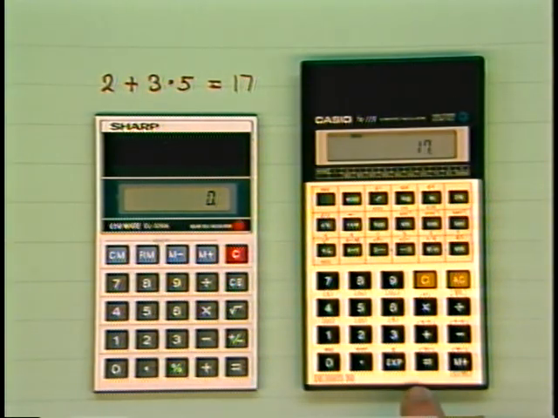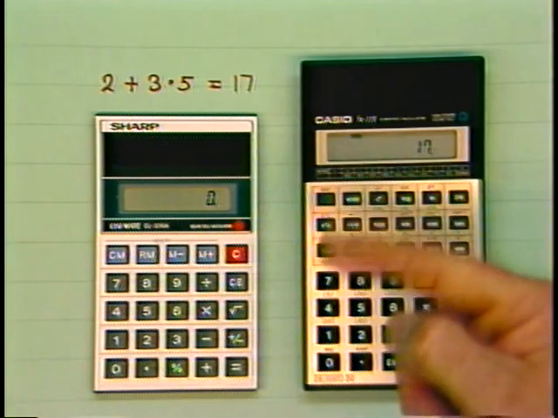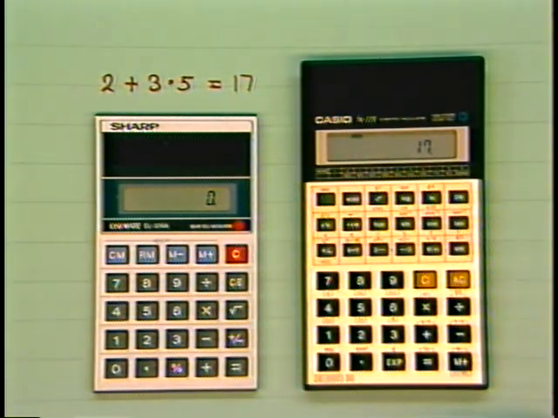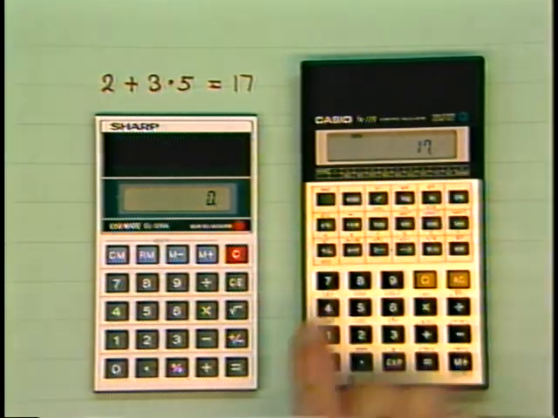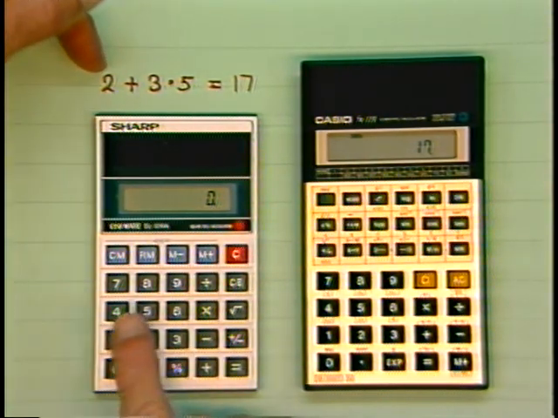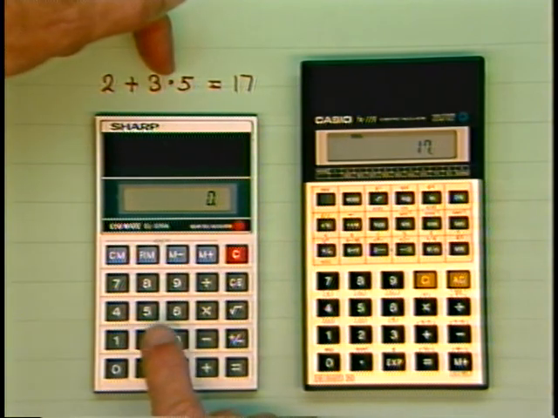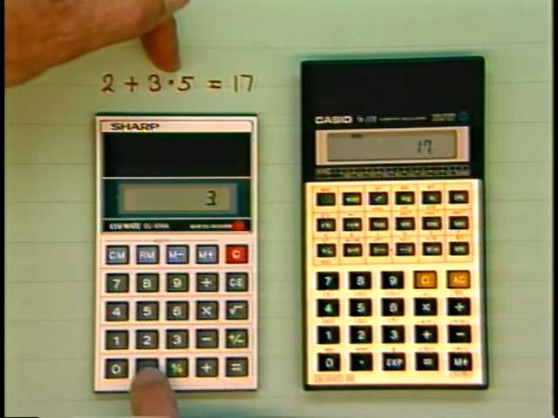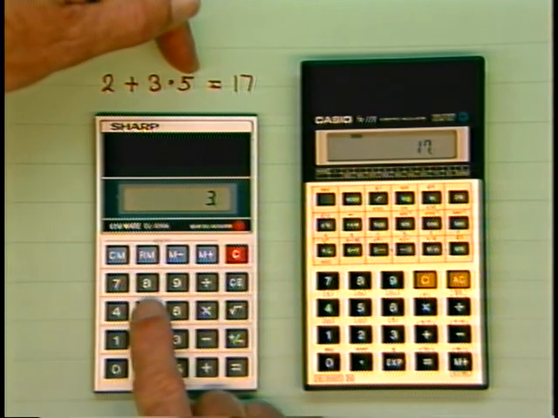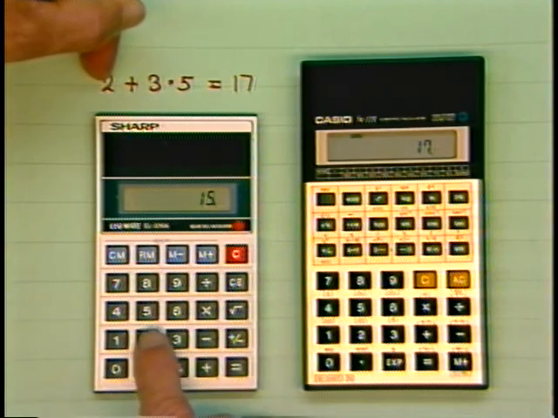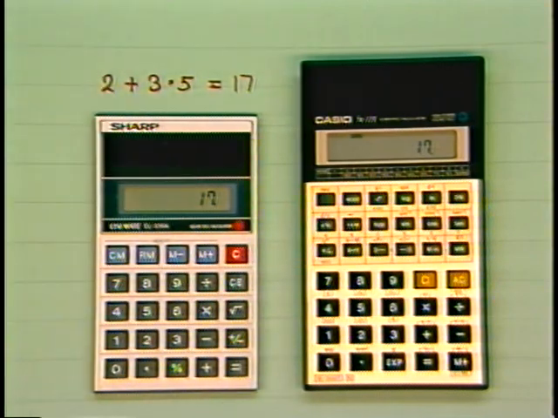Push the equal, it pulls out all the numbers you've keyed in and their operations and does it in the right order. On the other hand, if your calculator does not do that, as this one doesn't, then you must put your problem into it in the order that it must be done logically. So you would have to say 3 times 5, and that answer added to 2 equals 17.